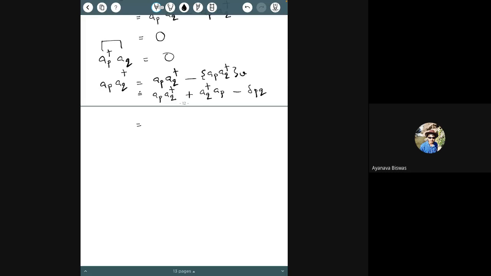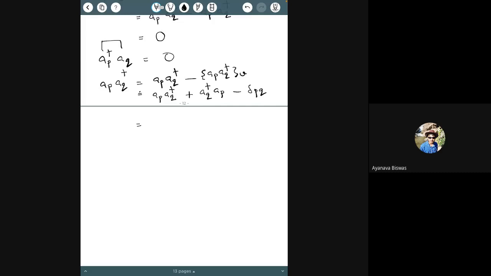I will sort this out. Maybe we can use the commutation relation to convert A_P A_Q dagger to A_Q dagger A_P. Yeah, so that is what I did now. But then what I should get is just delta PQ.